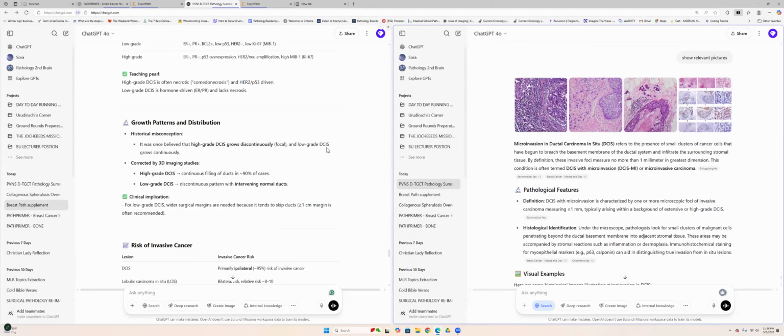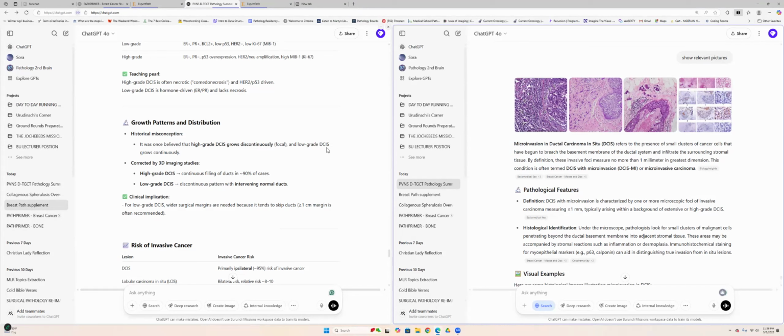Do you understand? That these cells will grow here, then give space, grow here, then give space, grow here. That makes it difficult to estimate the extent of these cells. But with better imaging, we now know that's not true. These cells are always continuous. That's why we have the capacity to determine the extent of the DCIS. So DCIS is never discontinuous.